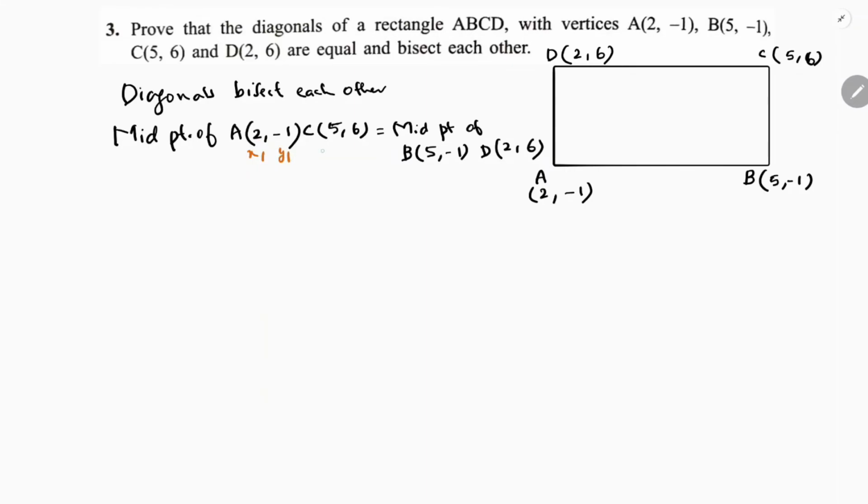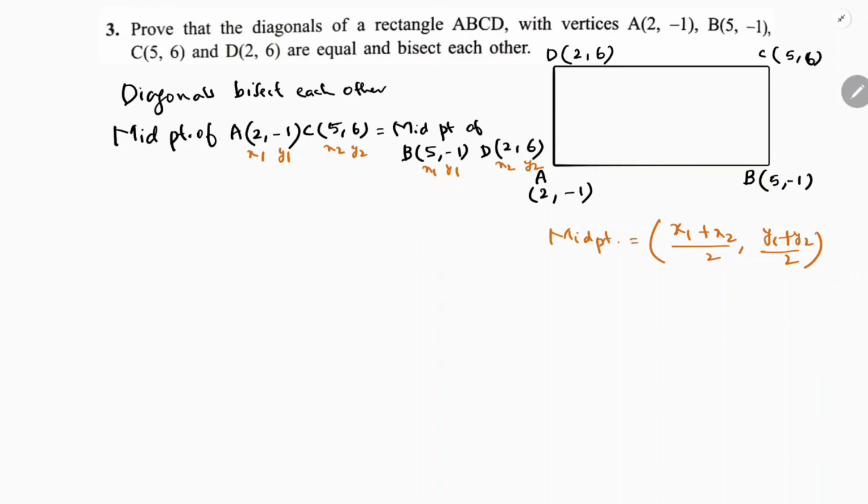Here x1 y1, x2 y2, x1 y1, x2 y2. And now the midpoint formula is (x1 plus x2) by 2, (y1 plus y2) by 2. So if I use this formula, I will prove that the midpoint of AC is equal to the midpoint of BD.